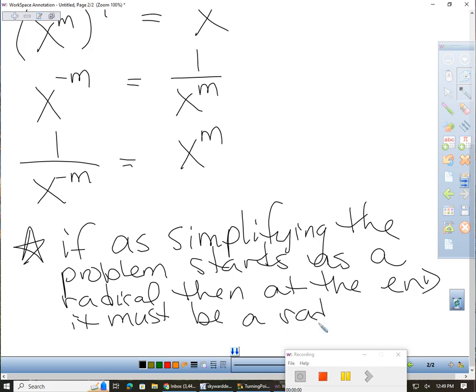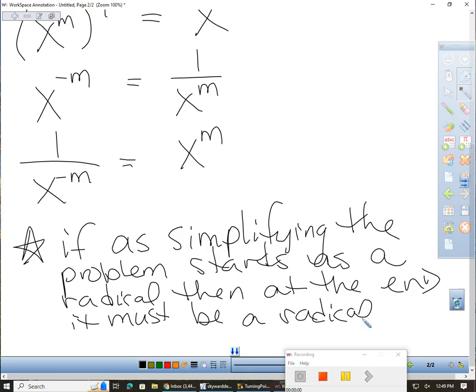So that means the same thing as if it's a fractional exponent, it's got to be in exponential form at the end, right? However it starts, that's how it should finish. Okay? Again, this is all stuff that I said yesterday.